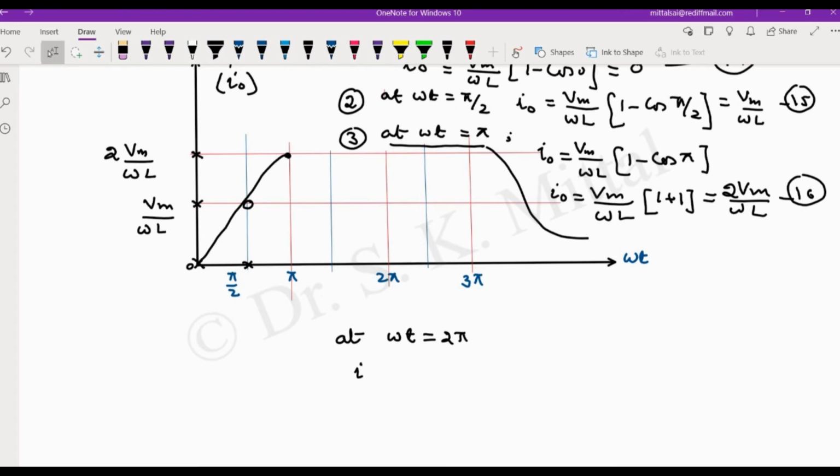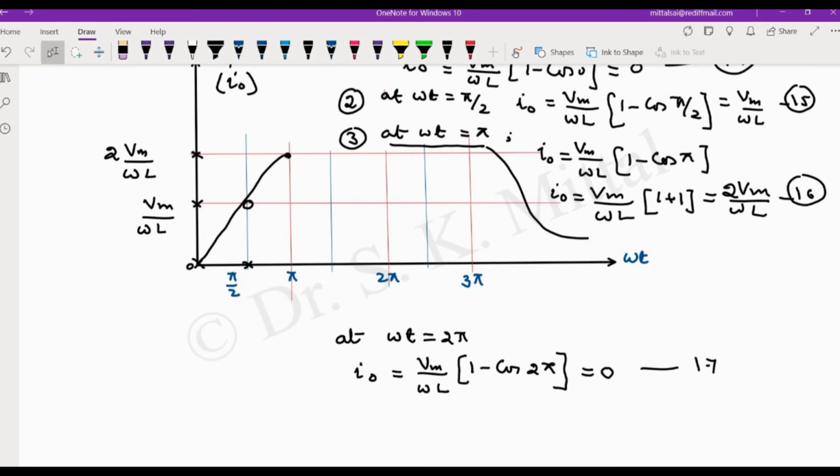What is I0? I0 is equal to Vm upon omega L times 1 minus cos 2 pi, and cos 2 pi means cos 360 is equal to 1, and therefore 1 minus cos 2 pi is equal to 0, therefore I0 is equal to 0.